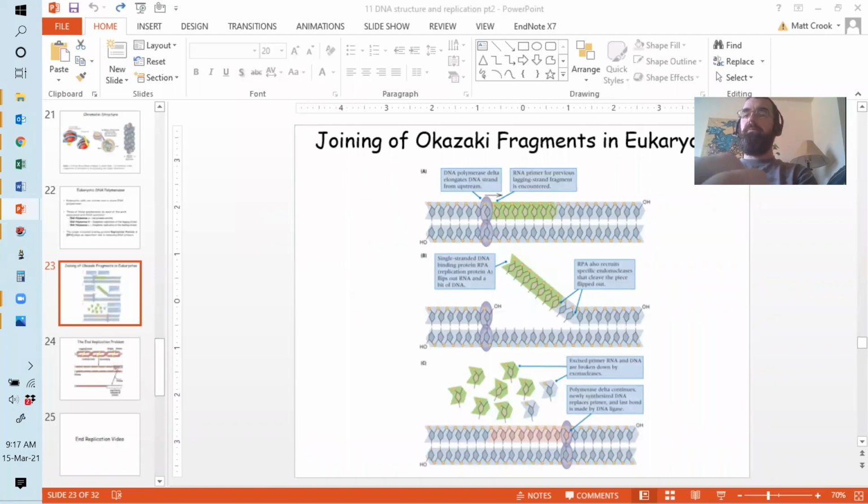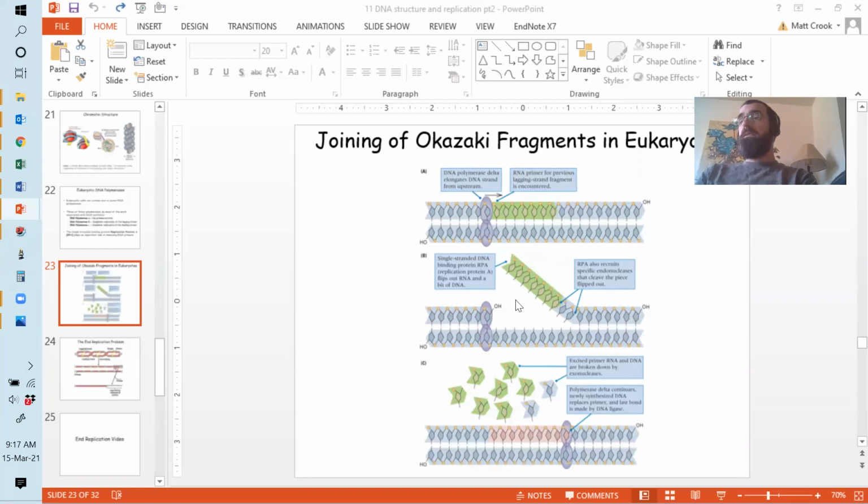Problem, there is no 3' OH at the very end of the chromosome. And so that means that that gap does not get filled.